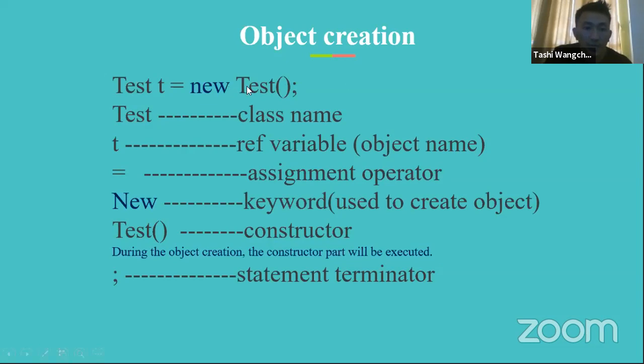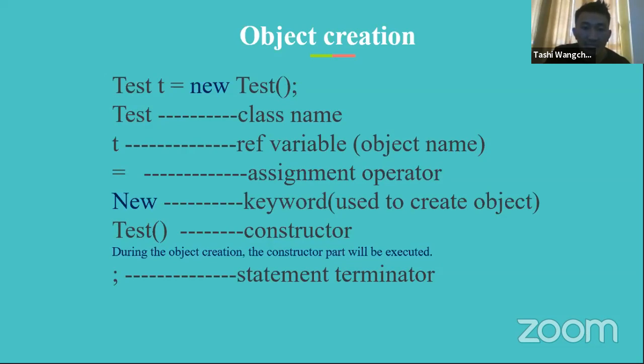Now the main part is this Test, open bracket and close bracket. This part in Java is called a constructor. This is the constructor in Java, and this constructor will be executed during the object creation, during the runtime.